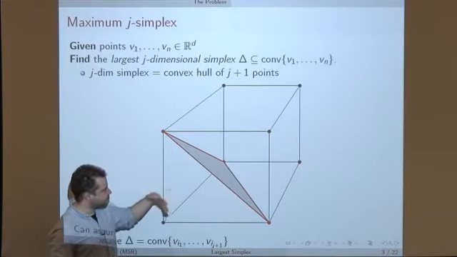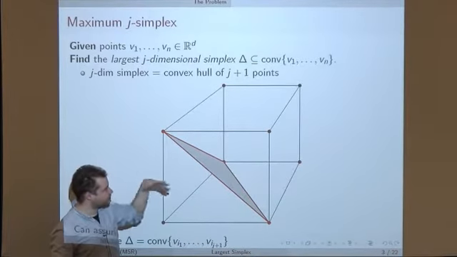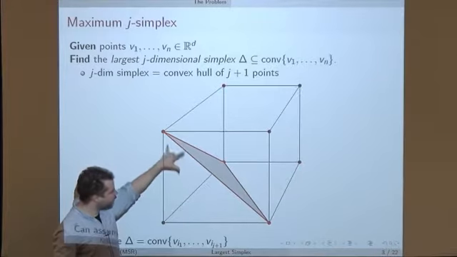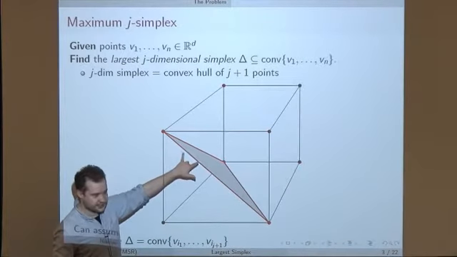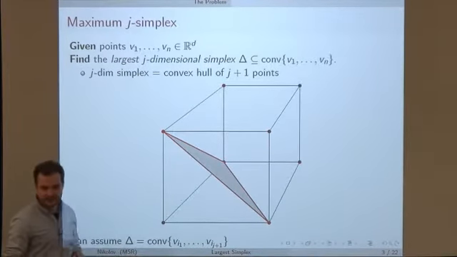So in this case, we're in three dimensions. If we're looking for the largest two-dimensional simplex, we're really looking for the triangle that has the largest area. Make sense?